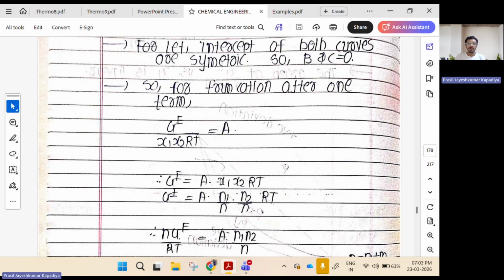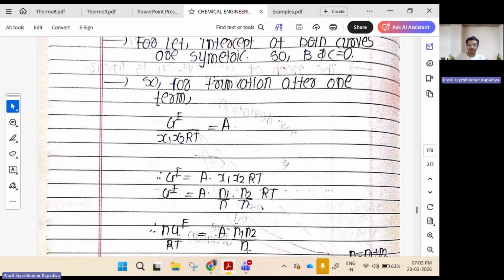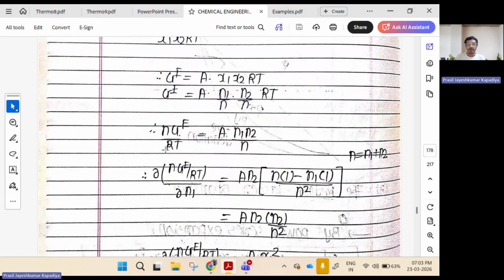Now I can replace x1 with n1 by n and x2 with n2 by n, so n into GE by RT is equal to A n1 n2 by n. Okay. Now if I differentiate this equation with respect to n1, what is it going to be? I am keeping A n2 out, because n is equal to n1 plus n2, correct?